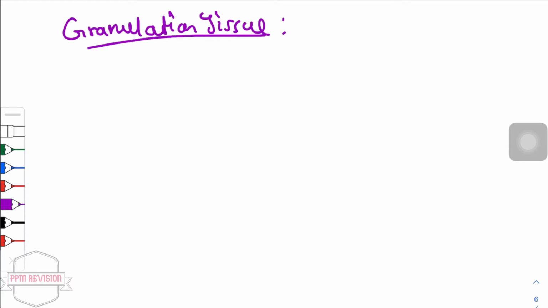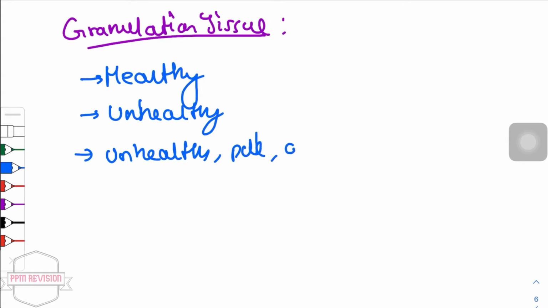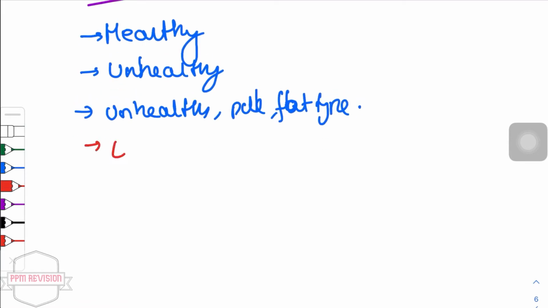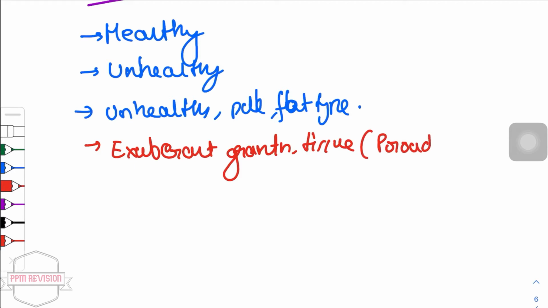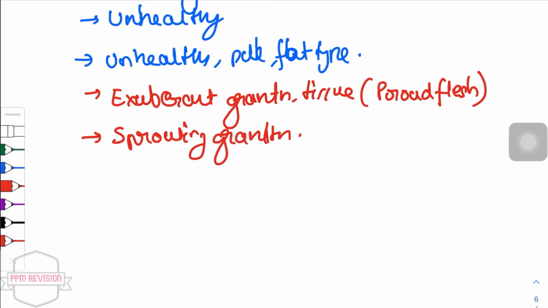The types are healthy granulation tissue, unhealthy type, and unhealthy pale and flat type, then exuberant granulation tissue, also known as proud flesh, and sprouting granulation, and pyogenic granuloma.